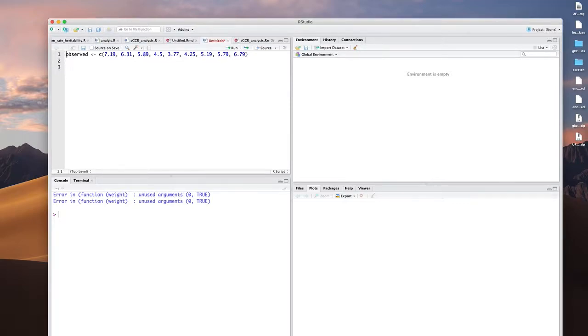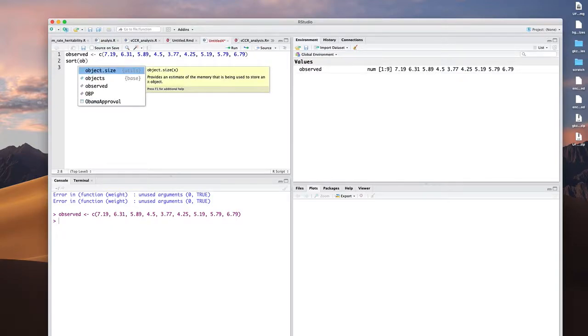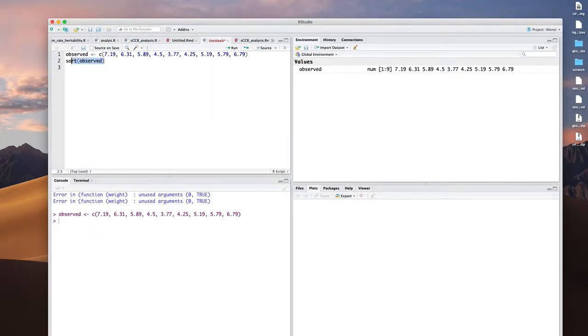I can use the sort function to sort, not surprisingly, these values from smallest to largest. All right. So if I were to break these up into deciles, there are 9 values. My first decile would be from 0 to 3.77. My second decile would be from 3.77 to 4.25. And then third, 4.25 to 4.5, et cetera, right? Those would be my observed deciles or quantiles.